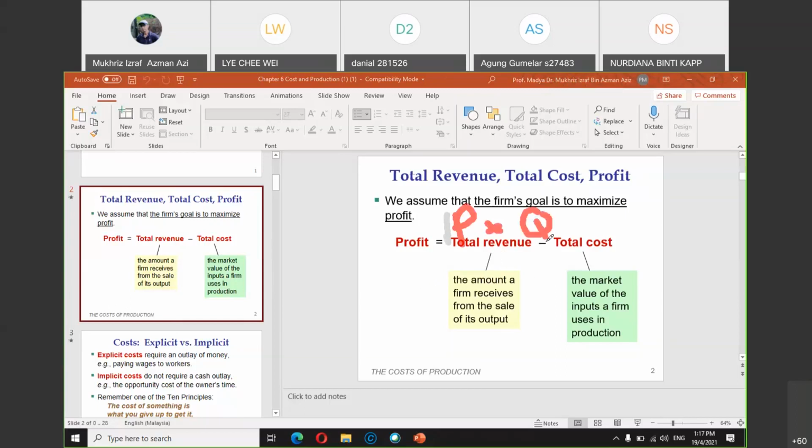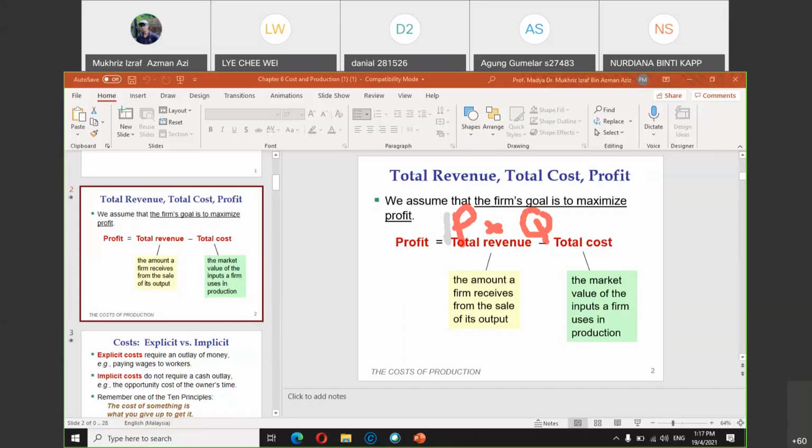So if the firm sells 1,000 units at RM20 per unit, the revenue will be 20,000. So P times Q gives the total revenue.